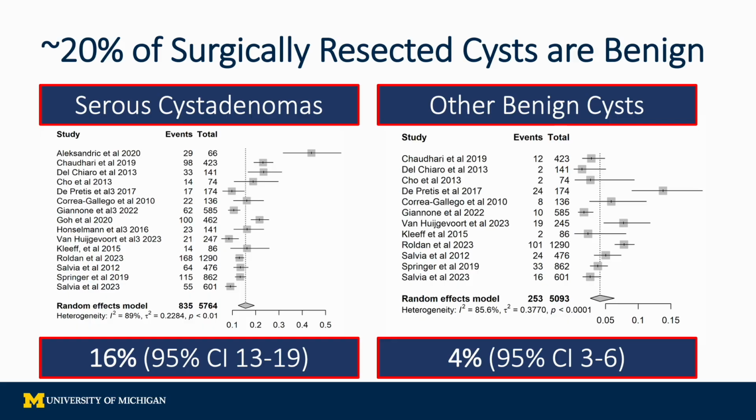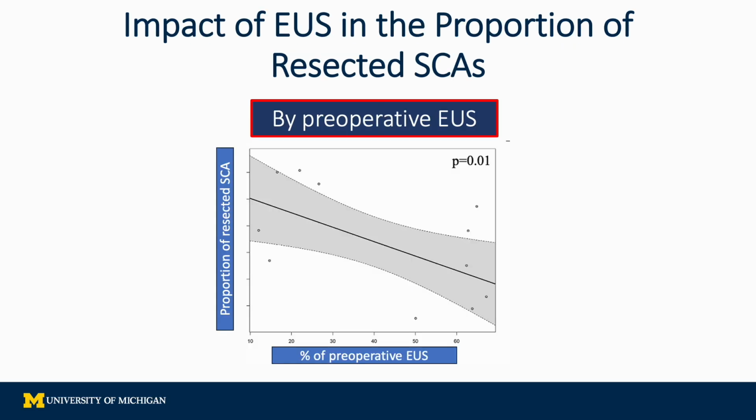Now, we recognize that some of these patients may have symptoms and that may have triggered an operation, but this number is still significant. Now, in this figure, you can see a meta-regression that we conducted in this same study, exploring the correlation between preoperative use of EUS and the proportion of surgical resections for serous cystadenomas.